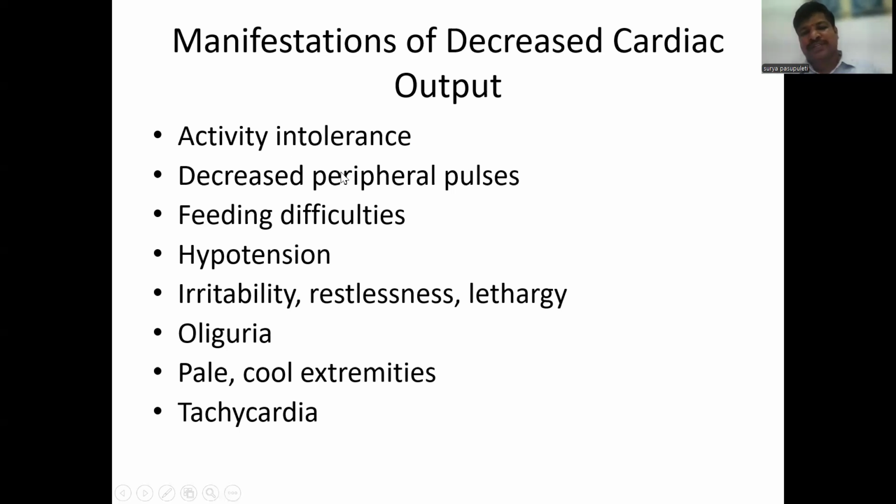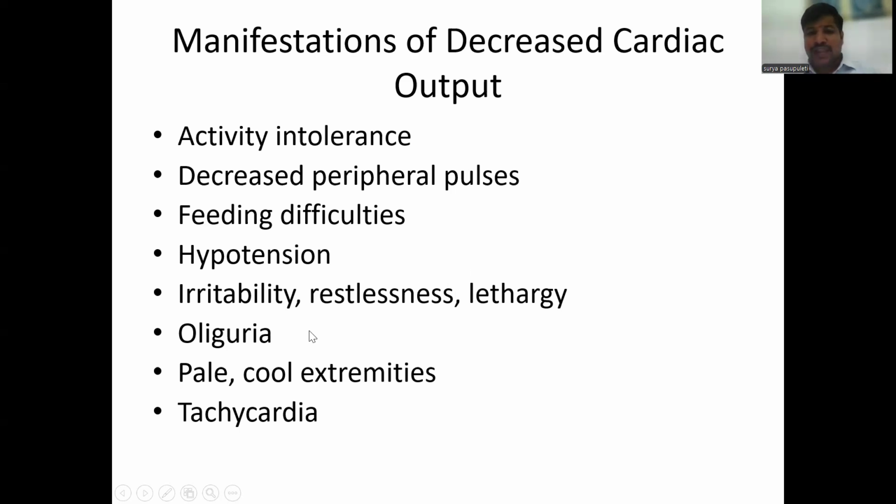As the cardiac output is decreased, the blood is not pumped into the arteries with enough pressure, that leads to decreased peripheral pulses, and the baby will have feeding difficulties, hypotension, irritability, restlessness, and the baby will become lethargic. These are all the symptoms of hypoxia.